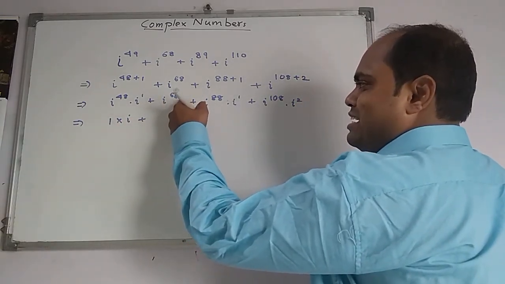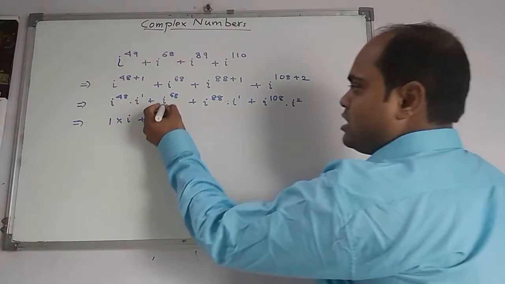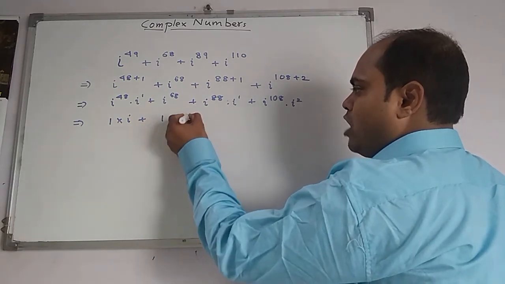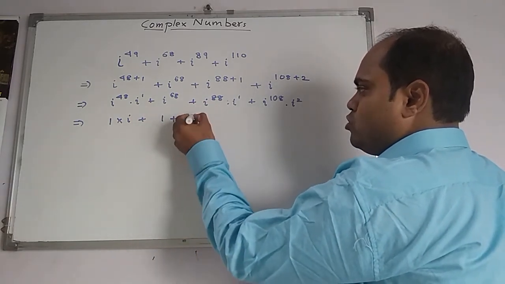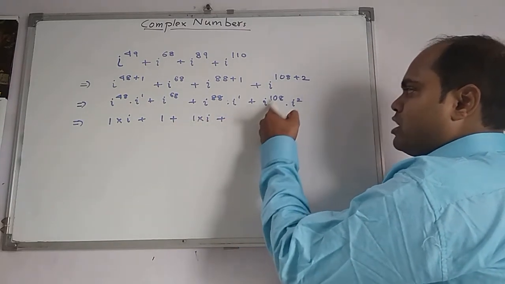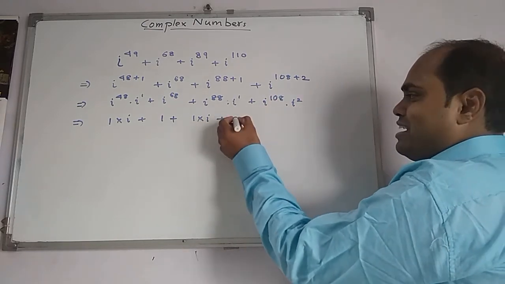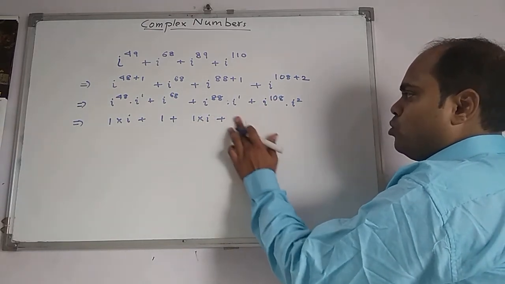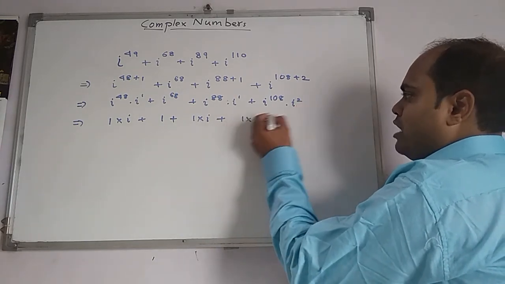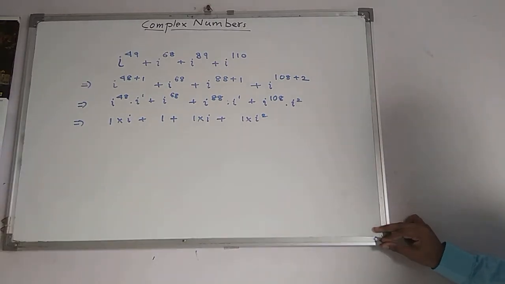iota raised to 68, and 68 is a multiple of 4, so we can write it as 1, plus iota raised to 88, which is equal to 1 multiplied by iota, plus iota raised to 108, and 108 is a multiple of 4, so we can write it as 1, and we are left with iota square, right?